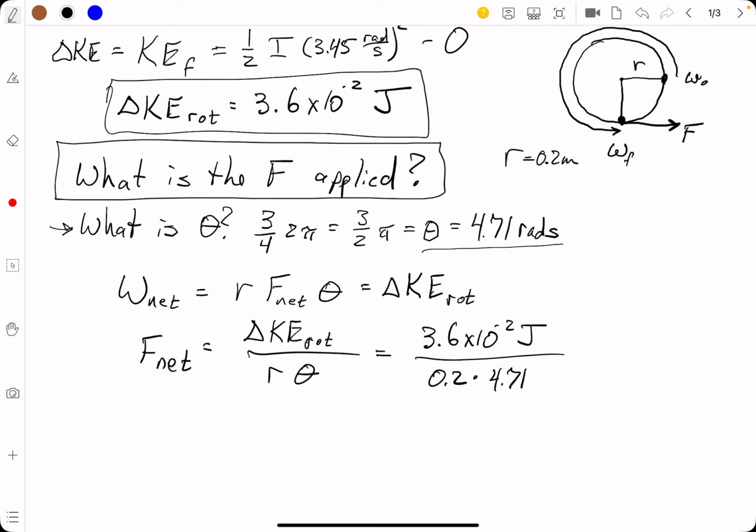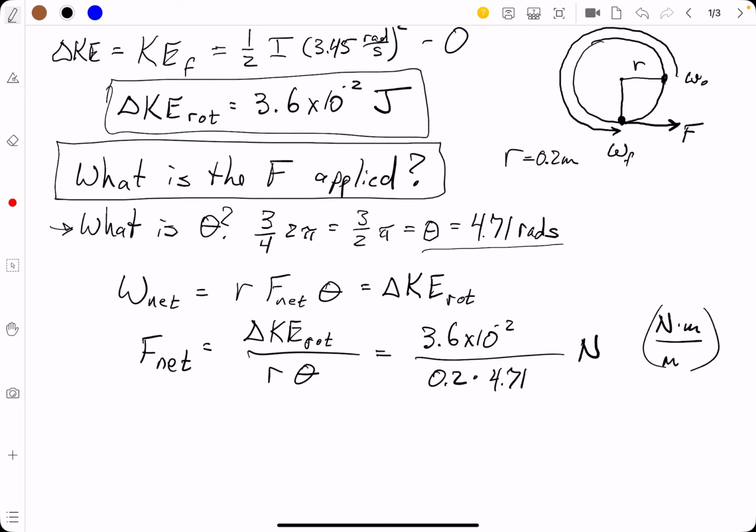This whole thing, believe it or not, I'm going to even get rid of the joules here. You can go through, prove it to yourself, but you end up with newtons. All right? So you get newtons. It's a newton meter per meter, which is a newton. That's essentially what you get. Newton meter per meter, and that's a newton.